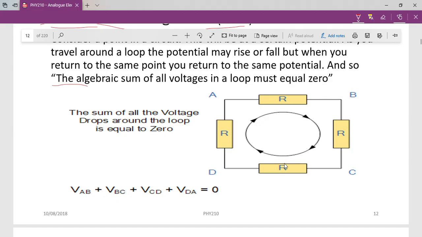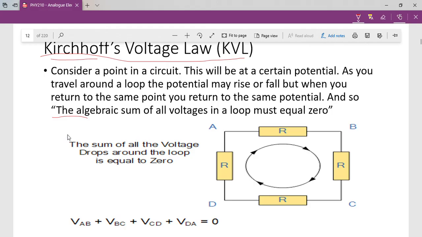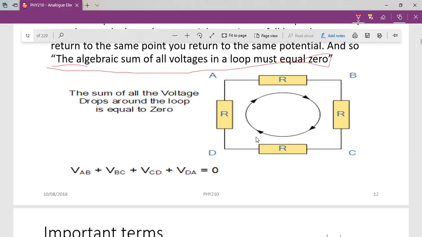So if you sum all the voltages, we have the voltage at AB, BC, CD, and DA. If you sum all voltages in a loop, it must be equal to 0. So this is a simple statement of Kirchhoff voltage law.